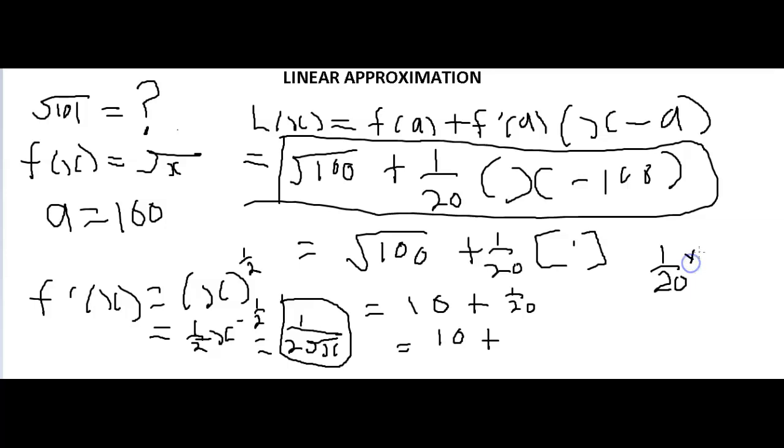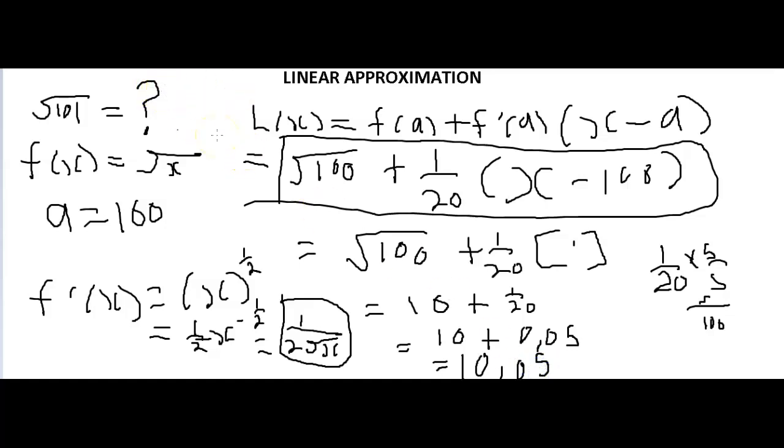To make the denominator 100, you multiply by 5 on top and bottom, because 20 times 5 is 100. So basically another way of writing 1 over 20 is 5%. What is 5%? It's 0.05. So if you never knew what 1 over 20 is, it's 0.05. So what's my final answer? My final answer will be 10.05, and that should be my approximate answer to this question.